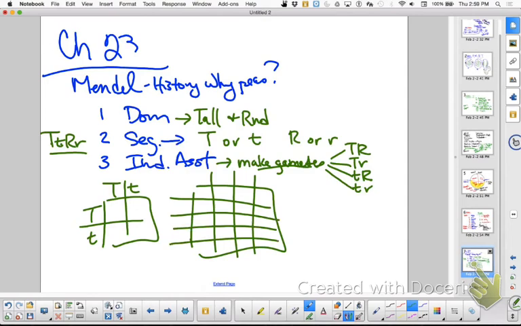That's when I have 16 squares, because I'm doing big T, big R, big T, little t, big R, little r. Dihybrid, di, 2. For a trihybrid, I would need 64 squares. We don't ever need to do any of that because we do the product law. The product law is, take your individual Punnett squares and multiply them together.